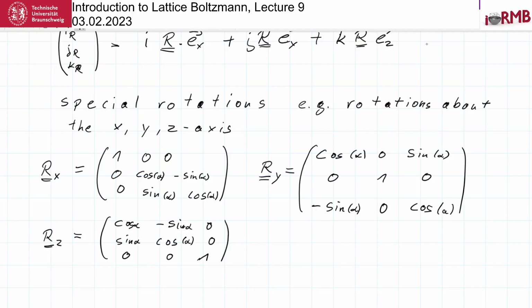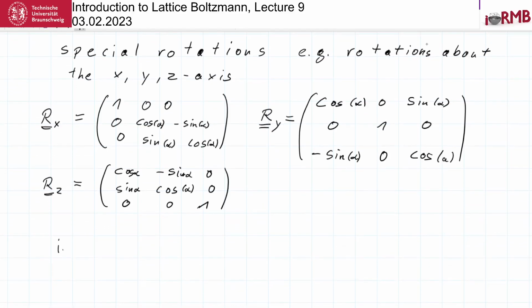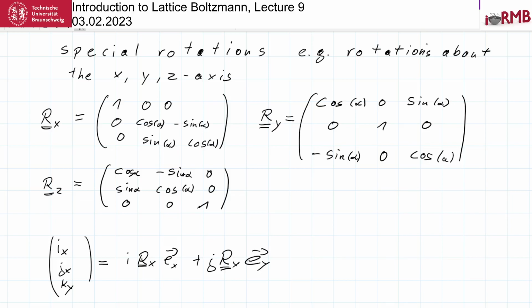Okay, so then this simply means that if you have a rotation around the x-axis, we get i_x, j_x, k_x equal to i times R_x into e_x, and j into R_x into e_y, and k the rotation.